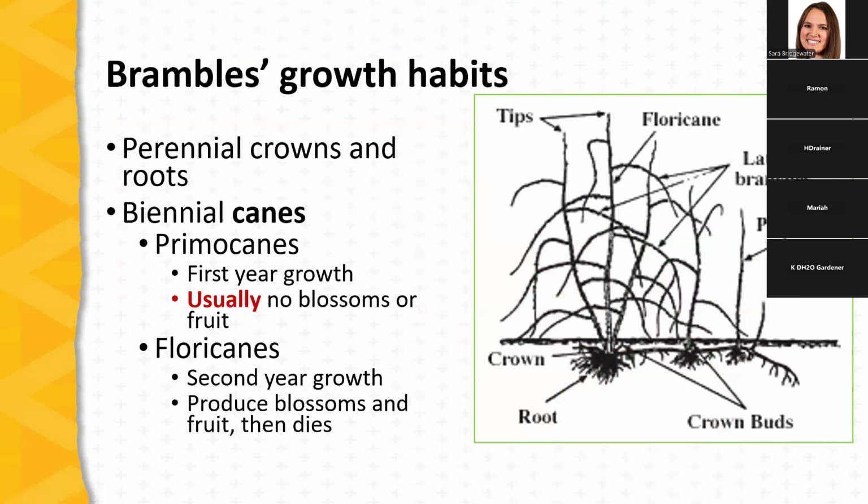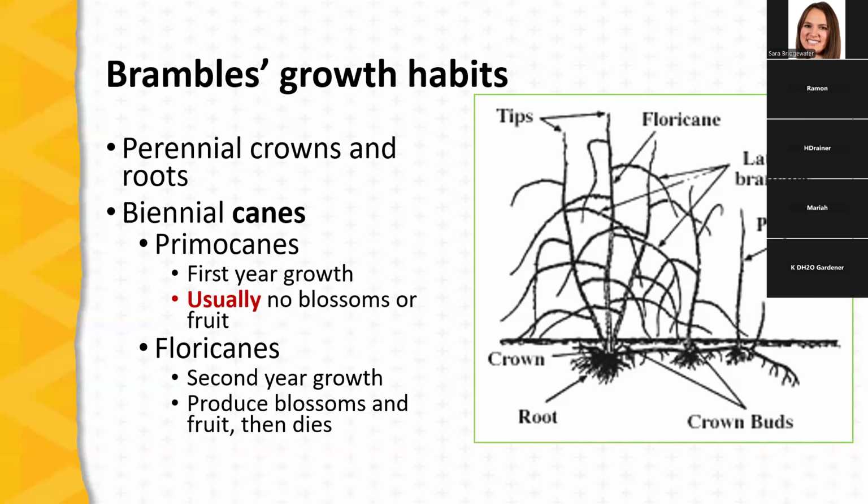Now, growth habits in general that you want to keep in mind when you grow blackberries and raspberries. These are cane-type plants, and they are perennials, but the perennial part is only the crown and the roots. The top part, the canes, are not perennial. They are biennial, which means they grow for 2 years.